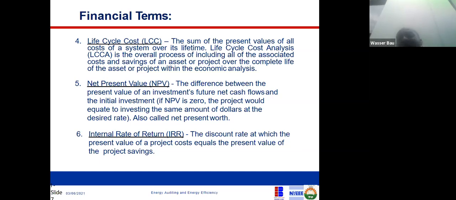We say that NPV can be positive, it can be negative, it can be 0. When your NPV is 0, the interest rate that made your NPV 0 is technically referred to as the internal rate of return.